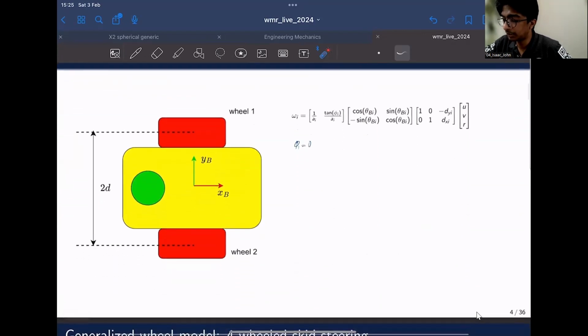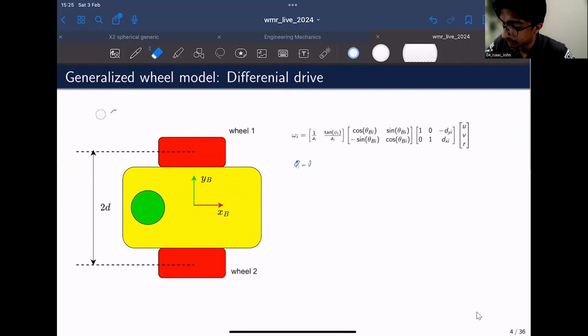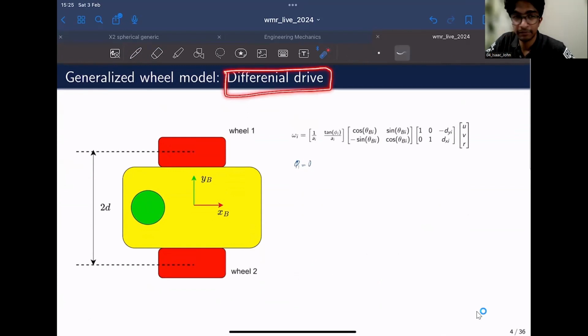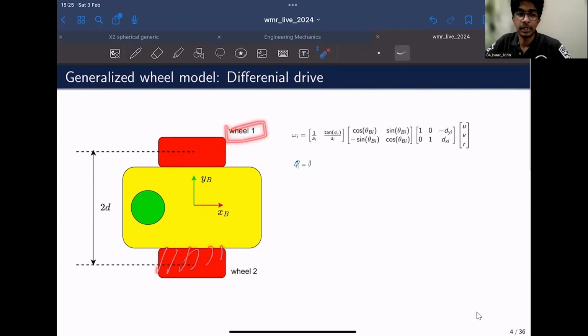So over here, we have a configuration called differential drive. So this configuration is called differential drive. It has a robot chassis and two fixed but driven wheels attached at either side of the chassis. We'll label this as wheel 1 and this as wheel 2.